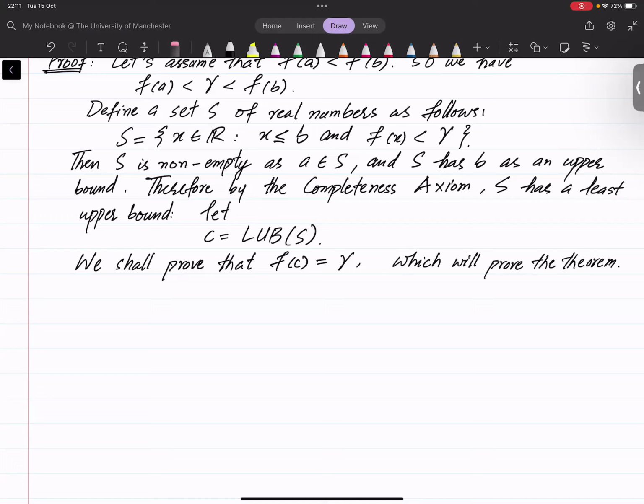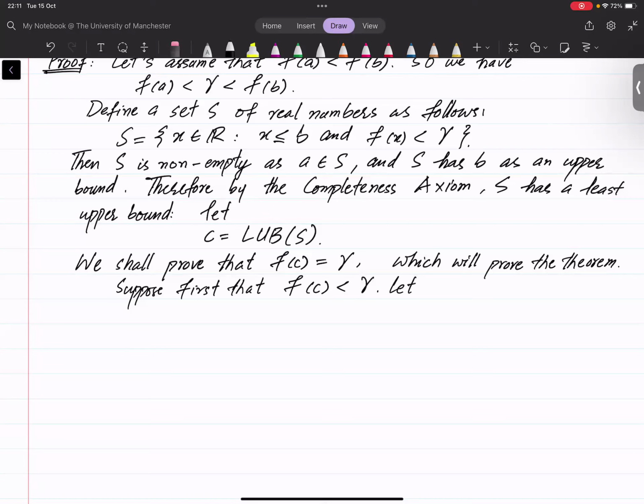So suppose first that f of c is less than gamma.